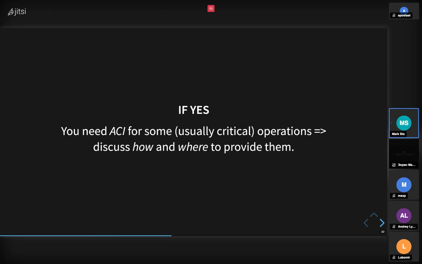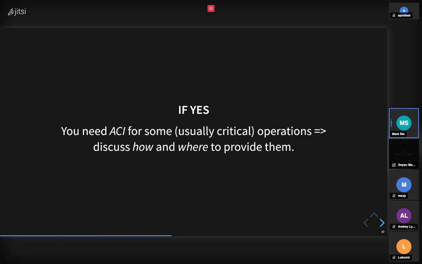But what if yes? Well, you need transactional behavior with ACI guarantees for some, usually critical, concurrent write operations. This means it makes sense next to discuss how to provide these guarantees and, if necessary, where exactly they must be provided, either in memory or somewhere else.